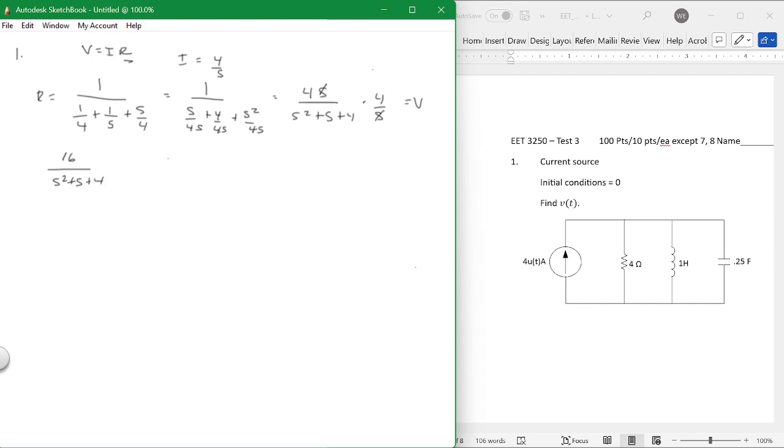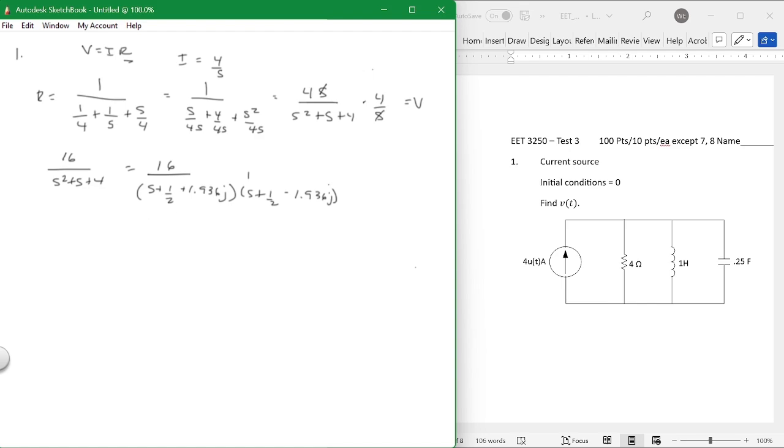Now you use the quadratic equation and you get 16 over S plus a half plus 1.936j, times S plus a half minus 1.936j. That's where you should have been, okay?